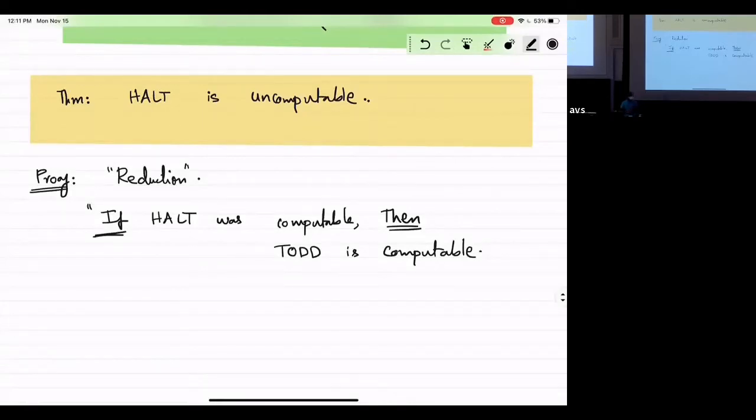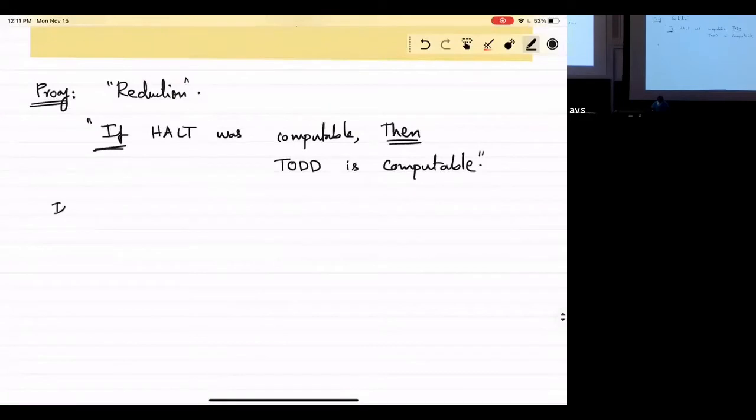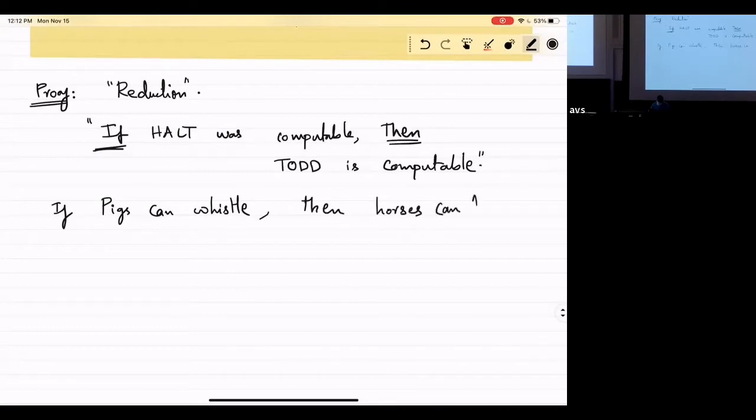If there is a Turing machine which can compute the halting problem, then there is a Turing machine which can solve the toddler problem, which is a contradiction, right? Because we actually showed, starting from first principles, that toddler is not computable. So if we show this implication, then we are done. It's basically a proof by contradiction. It's a little bit like saying, if pigs can whistle, then horses can fly.